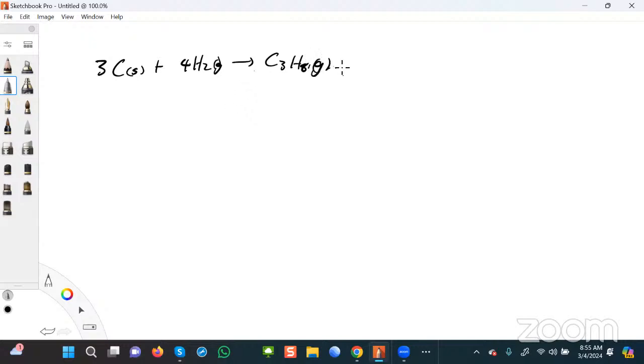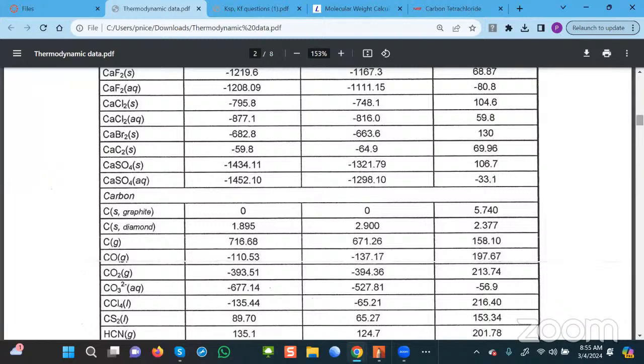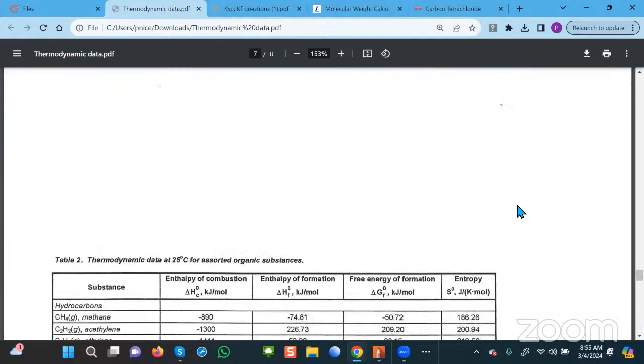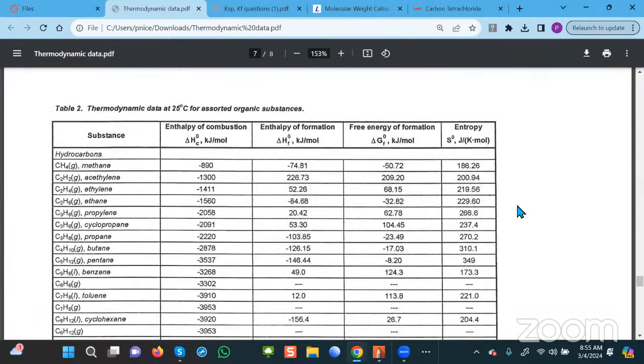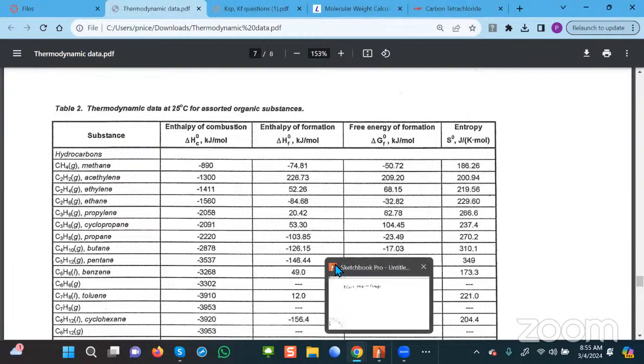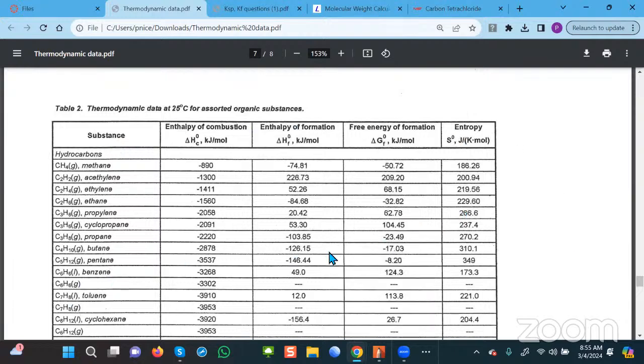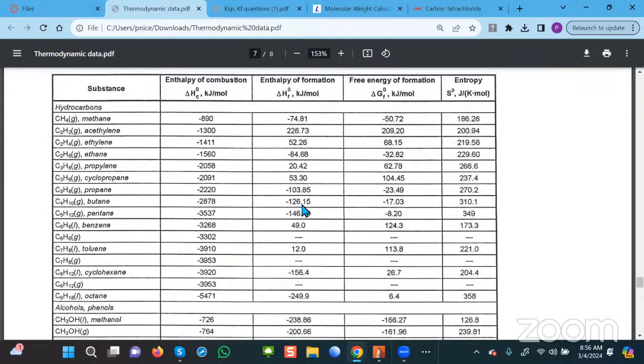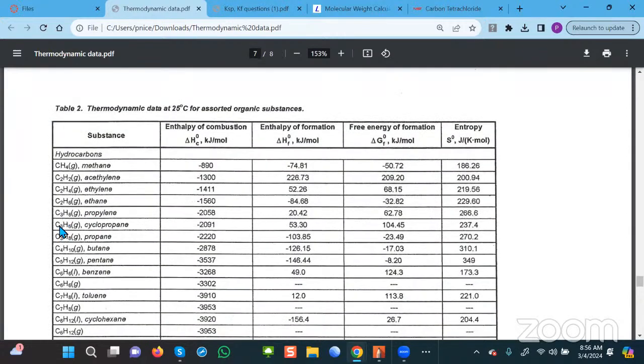So now I have to go to the table and look at these values. I should mention that in this document here, I think it's the last 2 pages, they have a special set-aside table for organic molecules. So propane, C3H8 is such a molecule.